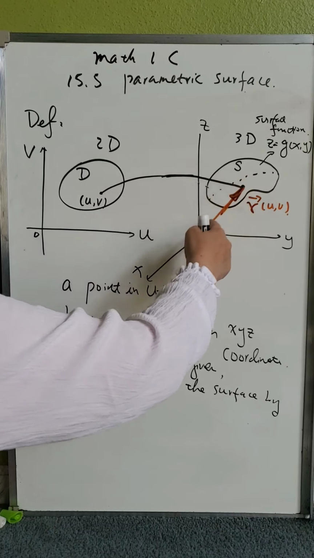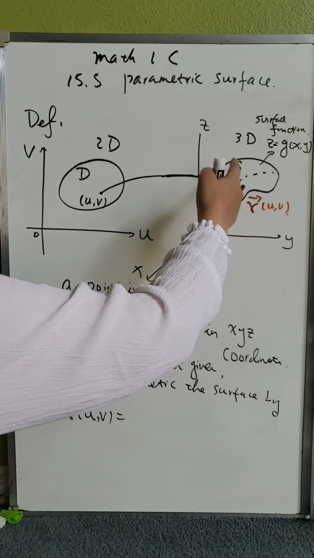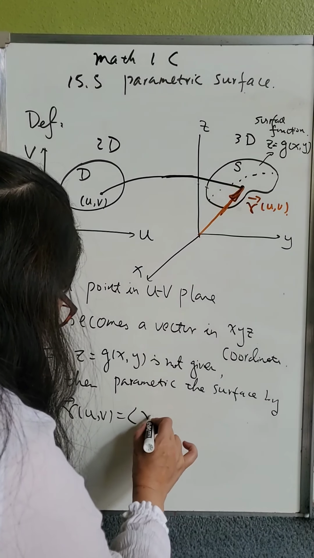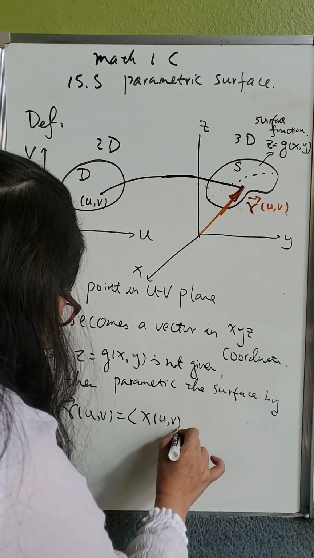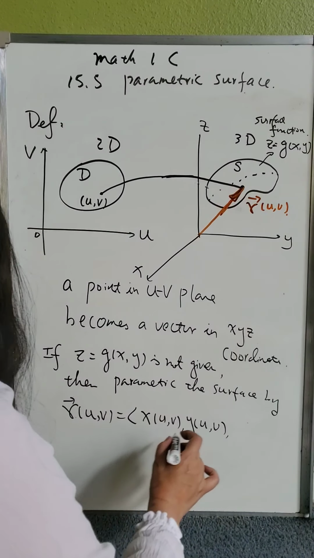So this vector will represent the function for this surface, and will equal x(u, v), y(u, v), and z(u, v).